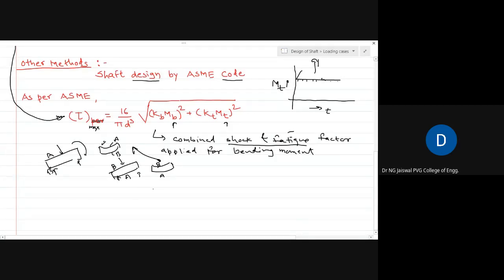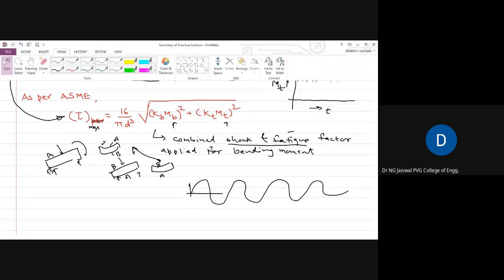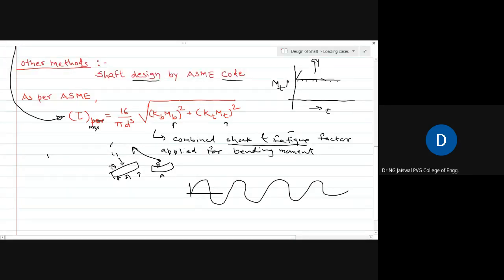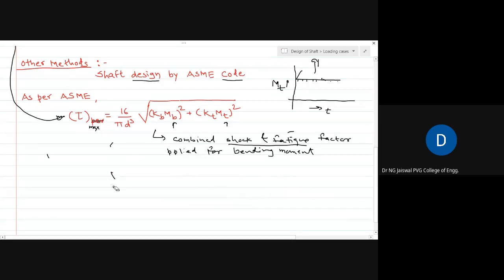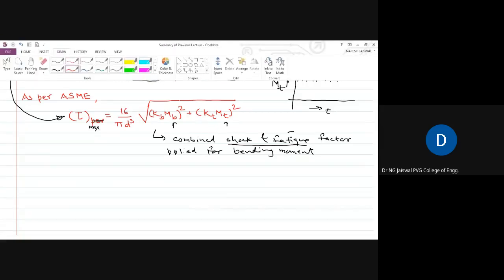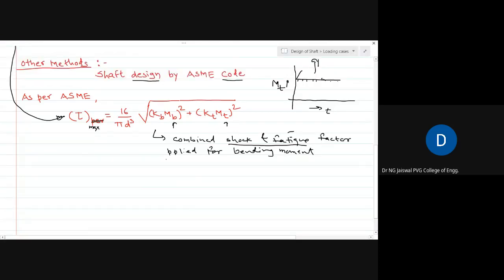Repetitions. It is something like this, repetitions. So to take into account this reduced efficiency, or reduced strength, because of fatigue, you want to take into account one factor, and that factor is called the combined shock and fatigue factor applied for bending moment.